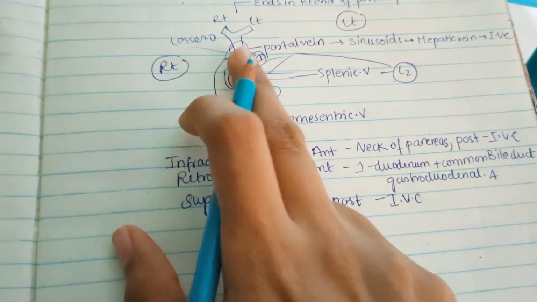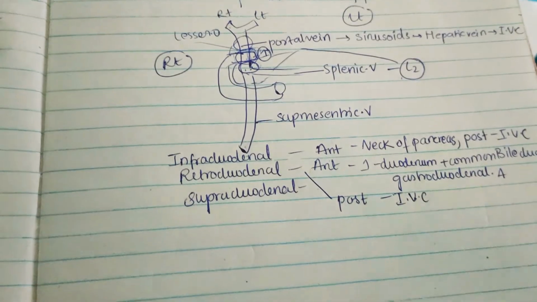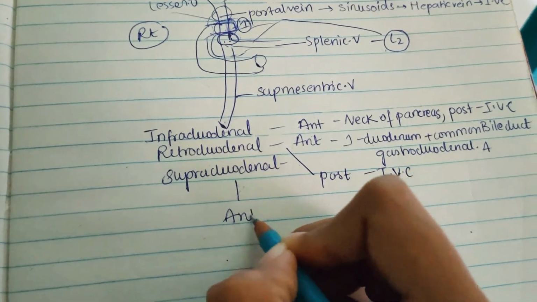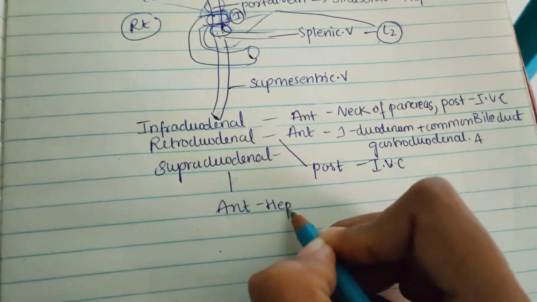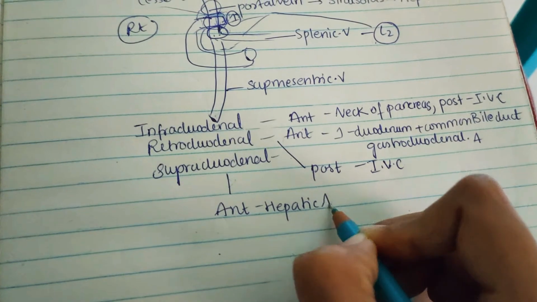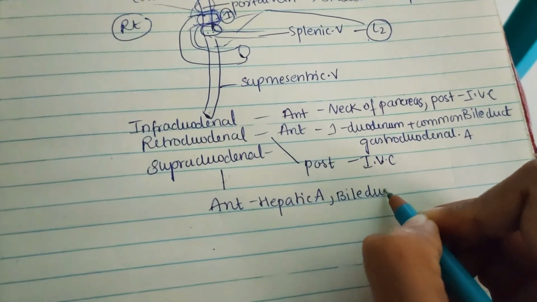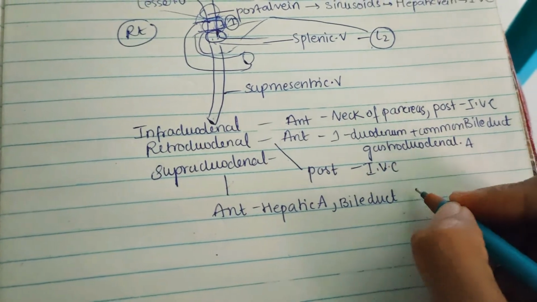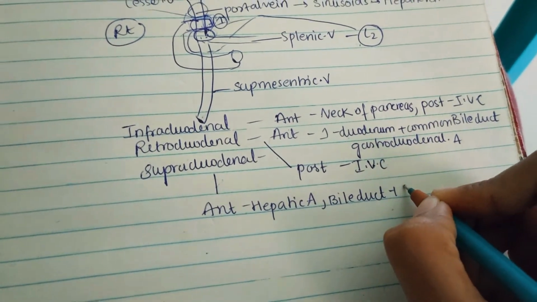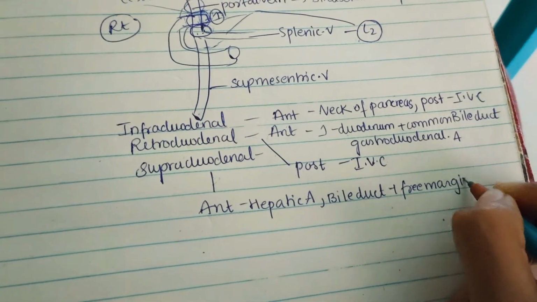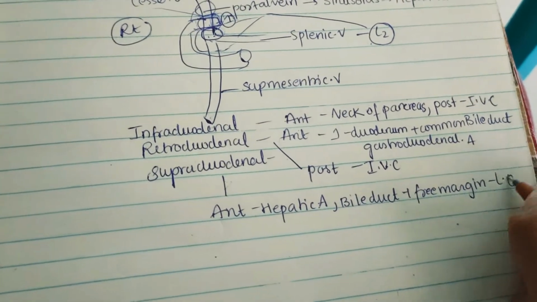Now coming to the supraduodenal part. Supraduodenal means above the duodenum. So in the supraduodenal part, anteriorly you have the hepatic artery and the bile duct, plus the free margin of lesser omentum.